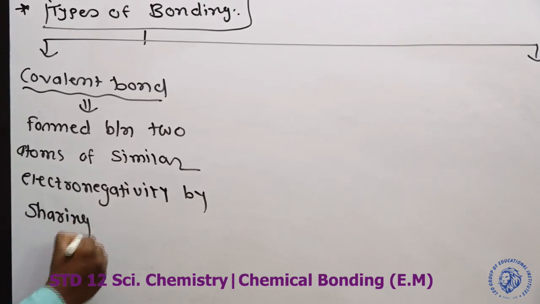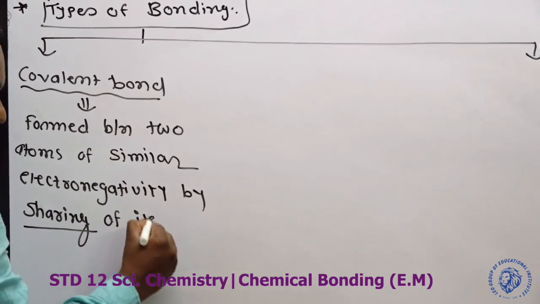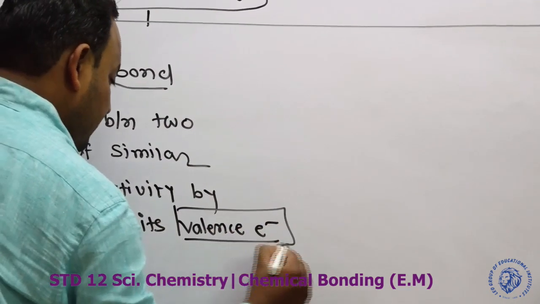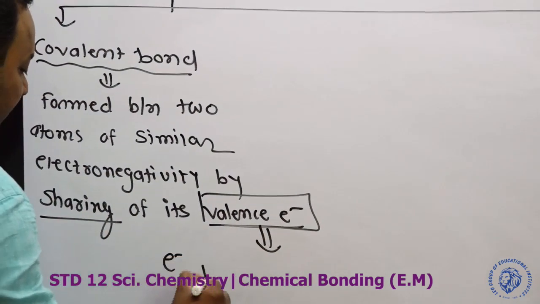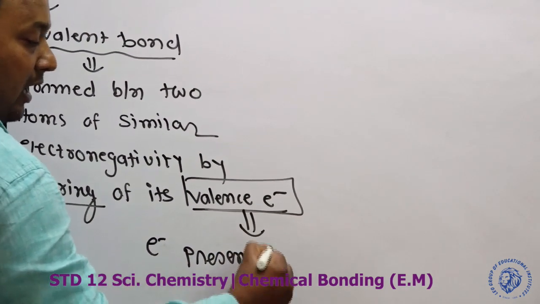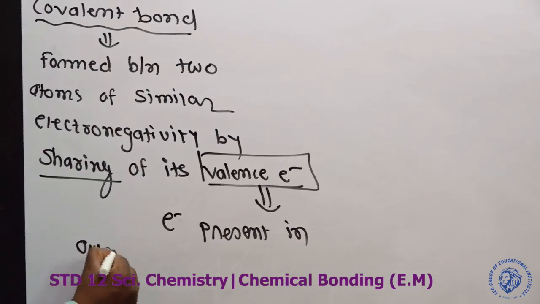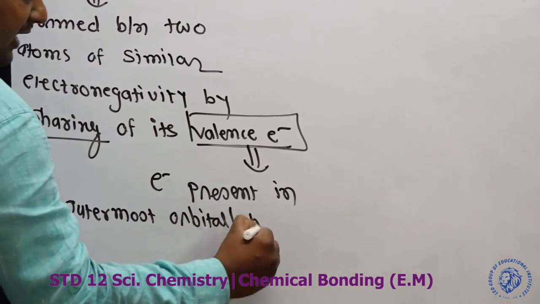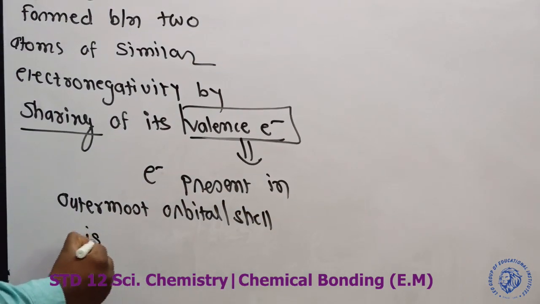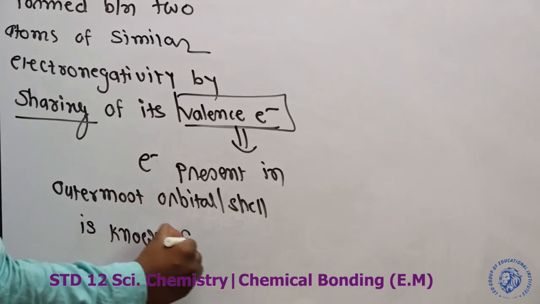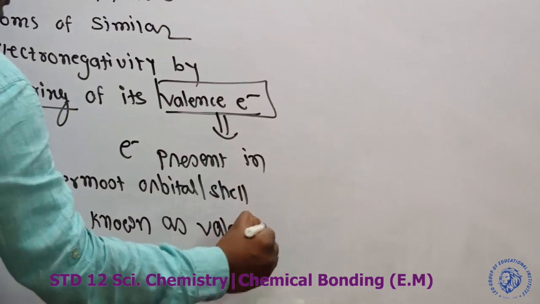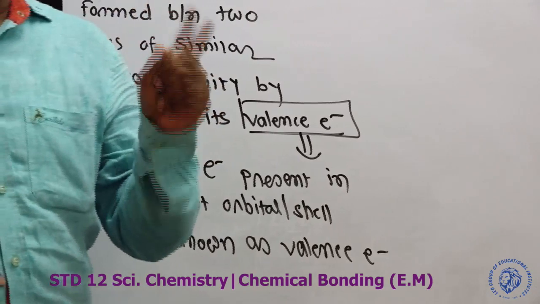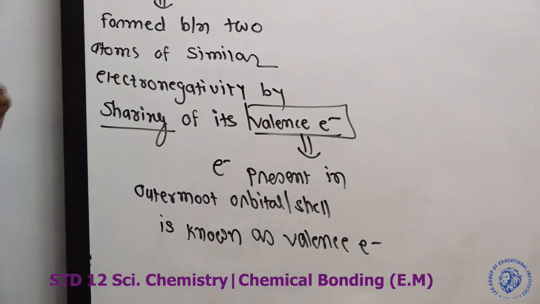Here the important word is sharing of its valence electron. Now, what do you mean by valence electron? The electron present in the outermost orbital or shell is known as valence electron. Now, by sharing of the valence electron, the bond formed between the two atoms is called covalent bond.